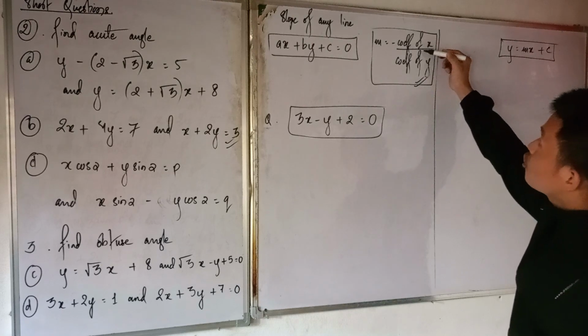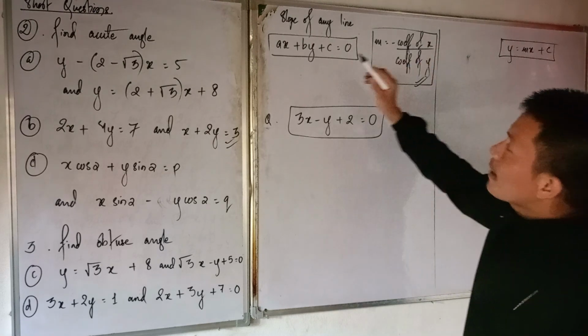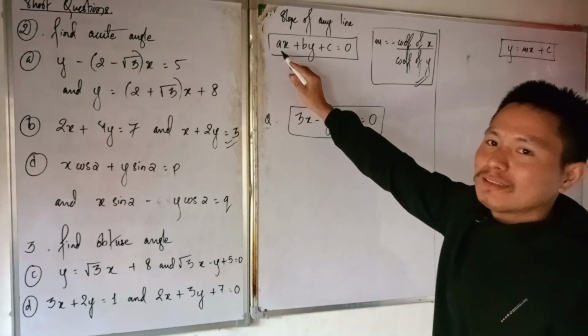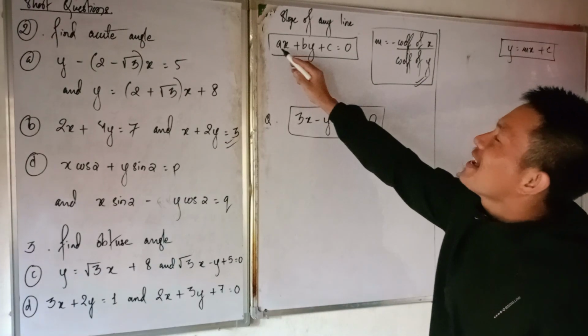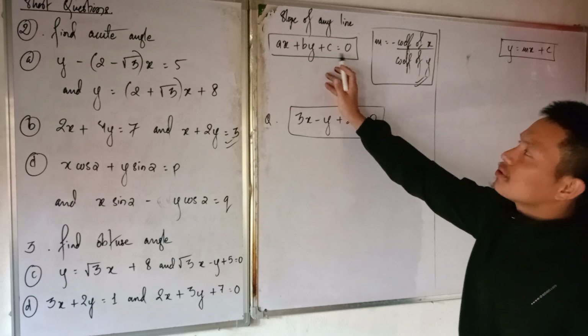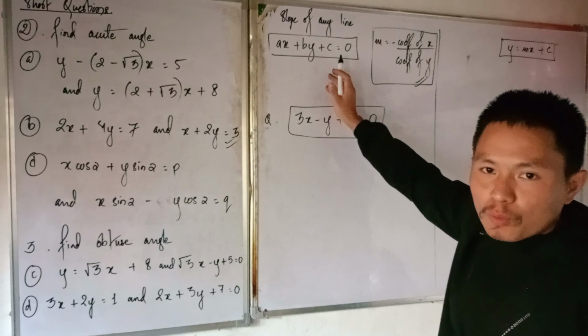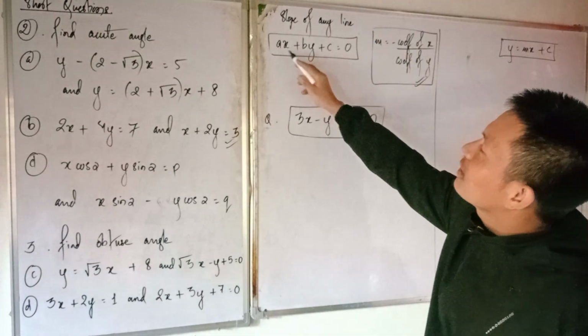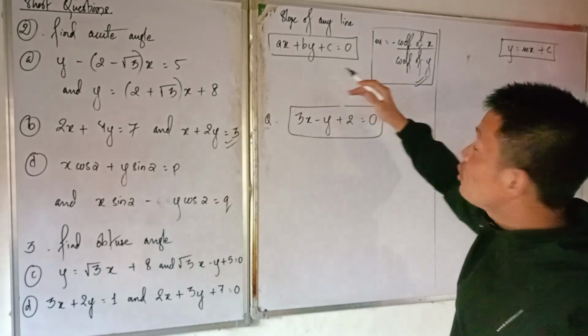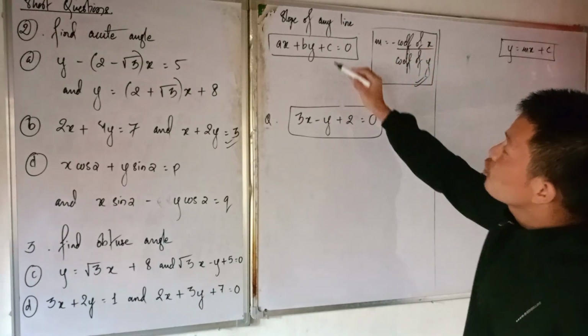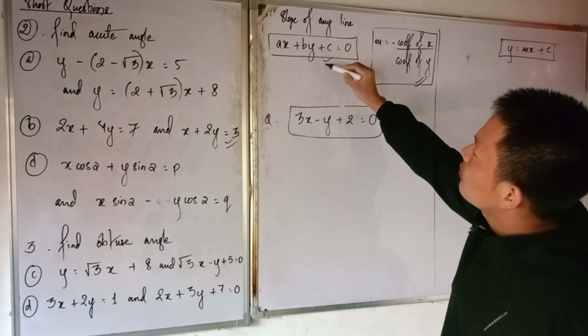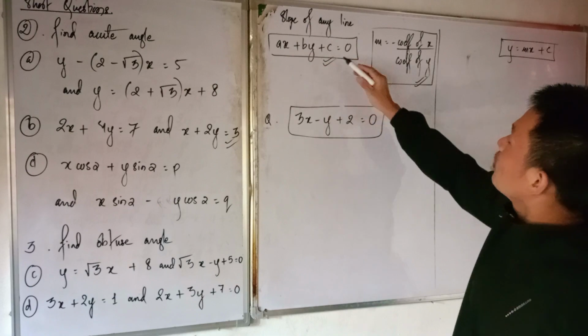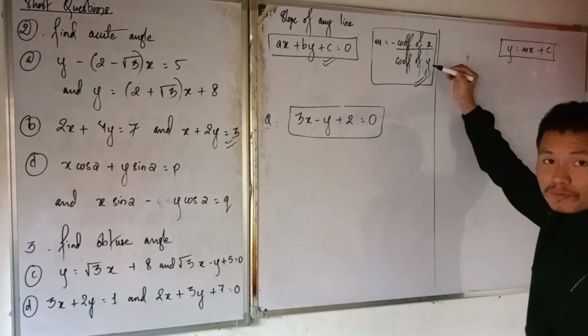To use this formula, you have to express the equation of the line in the form ax plus by plus c equals 0. Only after expressing the line in this form can you use this formula.